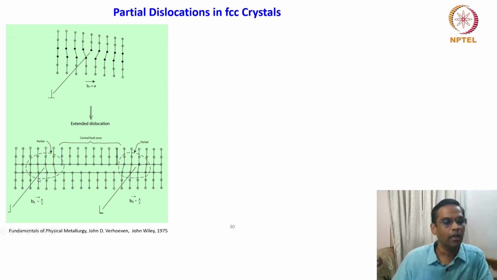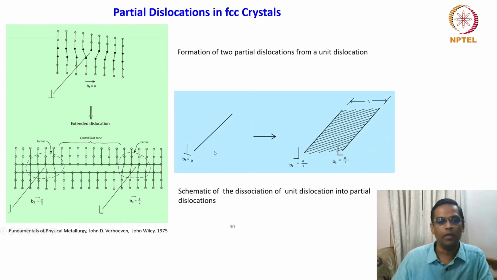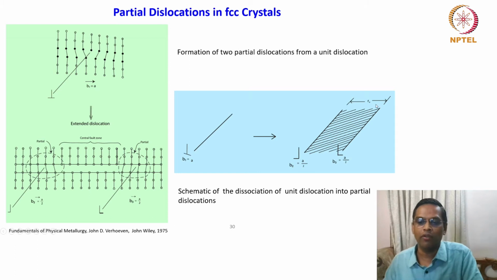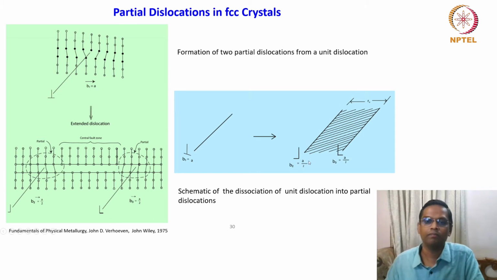So the full dislocation is represented like this. The half dislocation, for our convenience, we can put it like this, an L shape, and this is another, reverse L shape. The Burgers vector also is half. This is the same way of representing, but this is a much more elaborate way. And this hatched region gives the area of the fault region.